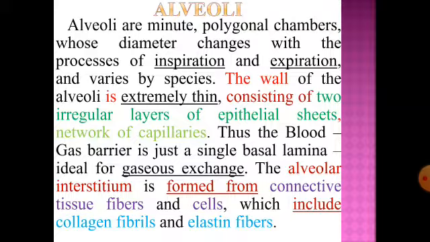Thus, the blood gas barrier is just a single basal lamina, ideal for gas exchange. The alveolar interstitium is formed from connective tissue fibers and cells, which include collagen fibers and elastin fibers.